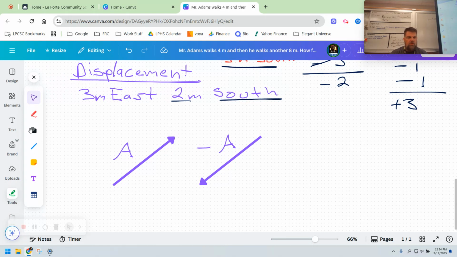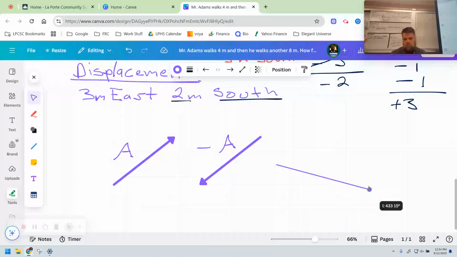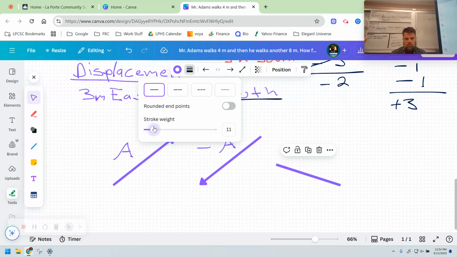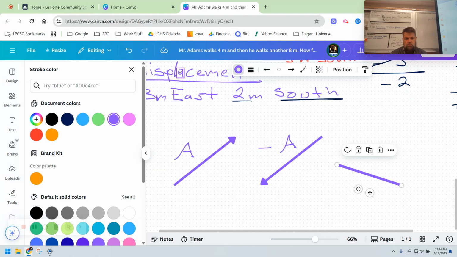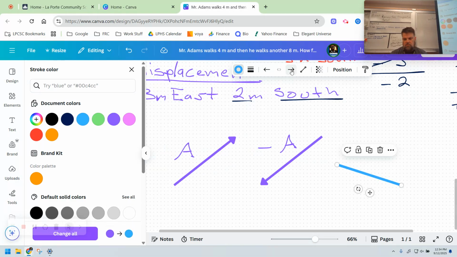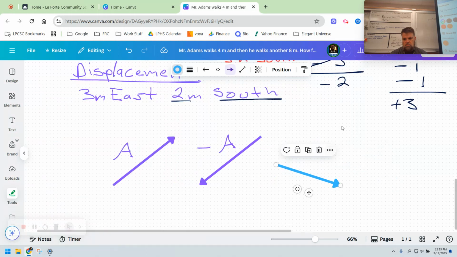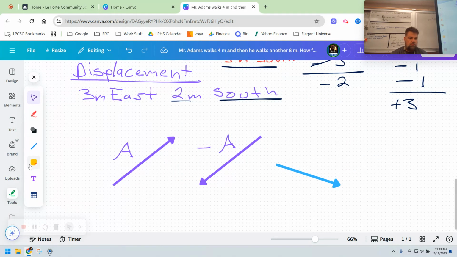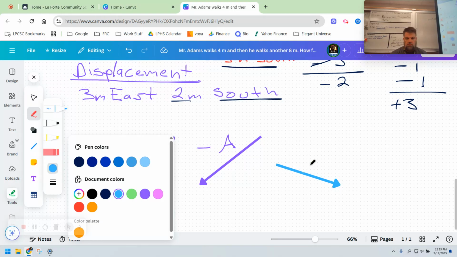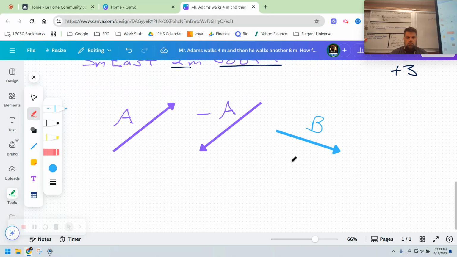And then one more example. I'm going to draw one more vector up here, and we'll call this one vector B. So sometimes you'll have, let's say A represents an airplane flying in a very specific direction.